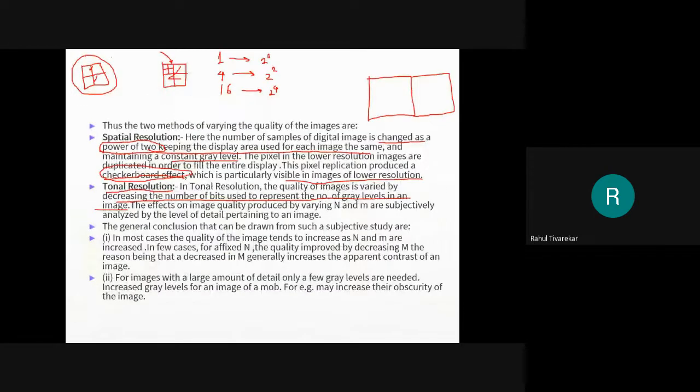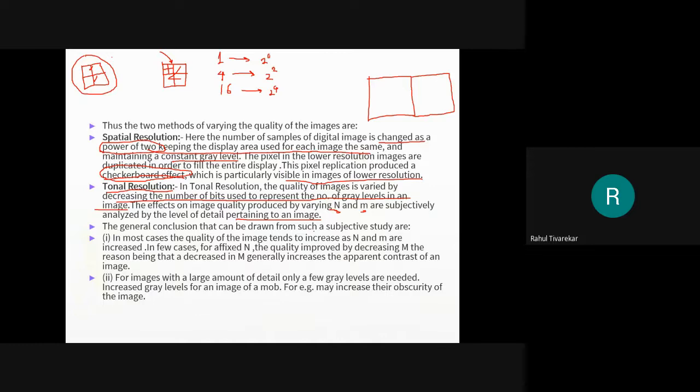The effect on the image quality produced by varying the number of pixels and the number of intensity levels is subjectively analyzed by the level of detail pertaining to the image. So it's subjective, as I said earlier; it depends on the application for which we are using those images.